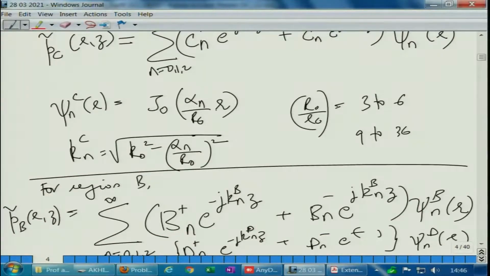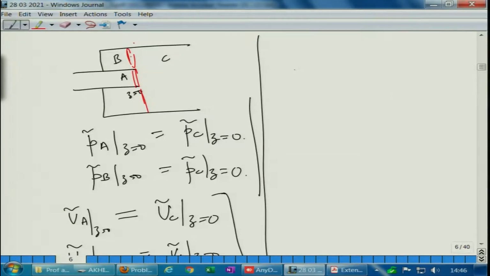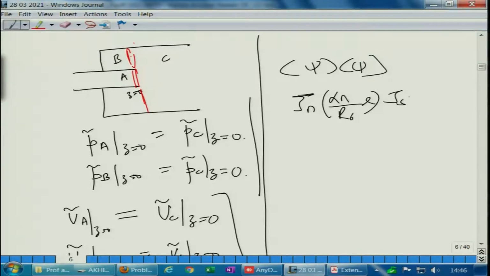So, essentially you integrate, say, let us say this is alpha_n r naught and s, I am sorry, this is 0, alpha_s r naught, r dr d theta.